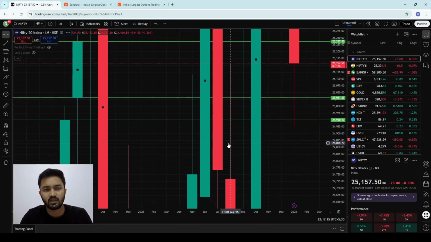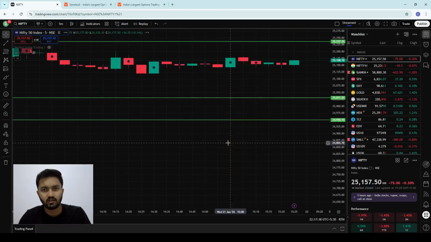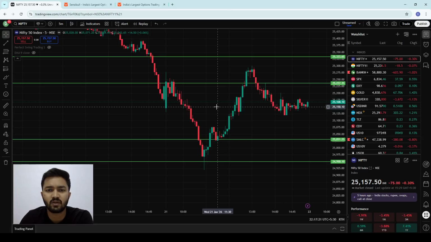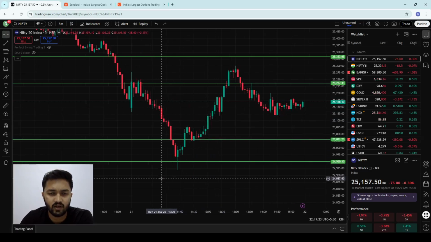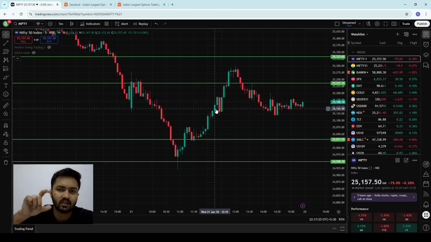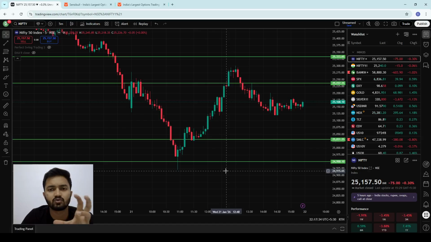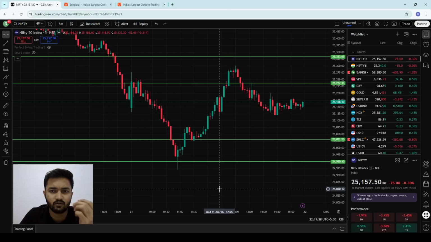When we are talking about very narrow ranges, it becomes very difficult to understand where it will take exact support or exact resistance. But these are zones, to be very honest, and you'll be able to mark those zones with the help of the opening and closing prices, and that will give you much more clarity.